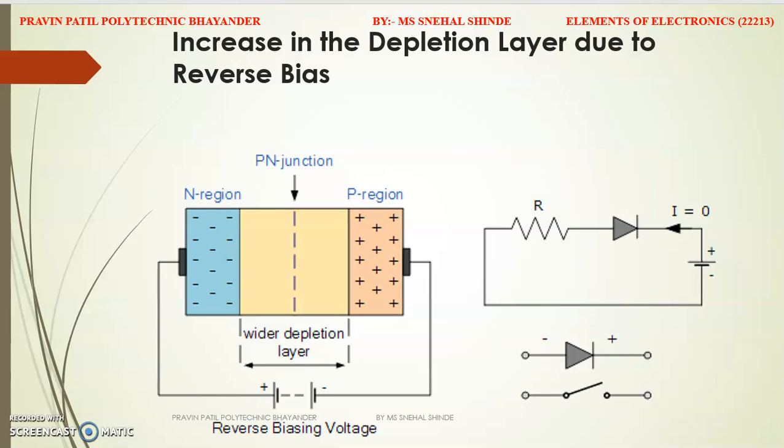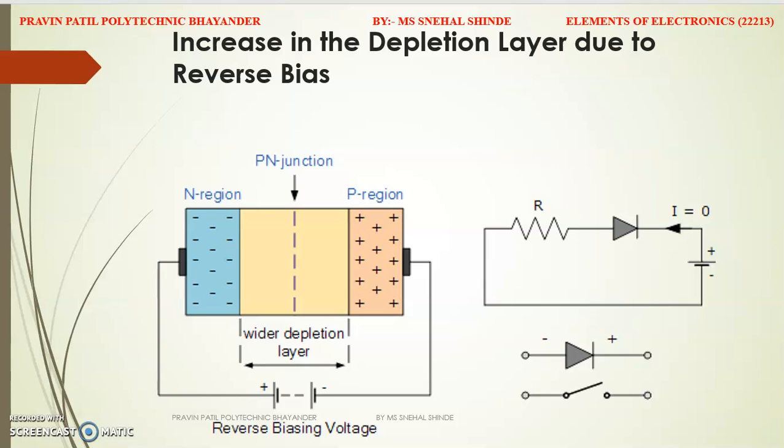The reverse current is also called the reverse saturation current, as this current is due to the minority carriers. It is small in magnitude, typically a few microamperes for a germanium diode and a few nanoamperes for a silicon diode.